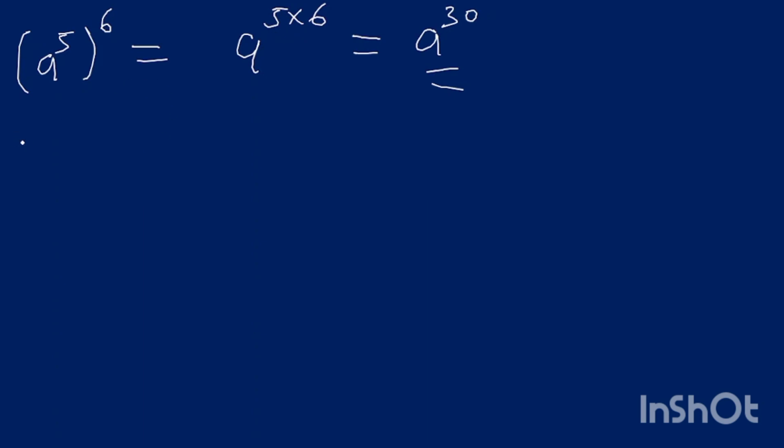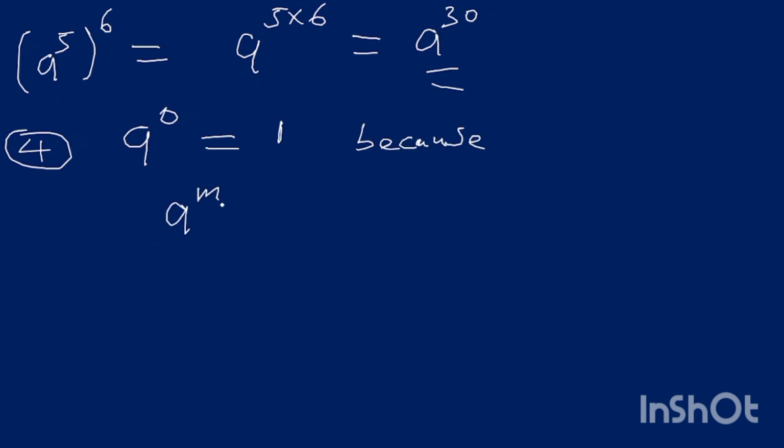The fourth one: if I have a raised to power 0, already we know in mathematics any number raised to power 0 is equal to 1. This is because a raised to power m divided by a raised to power n is equal to a raised to power m minus n.